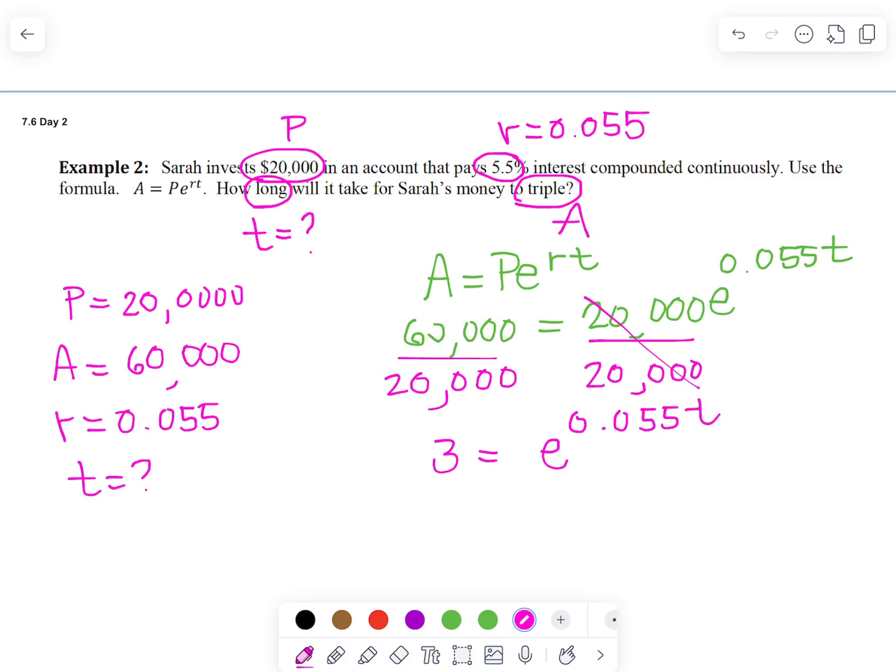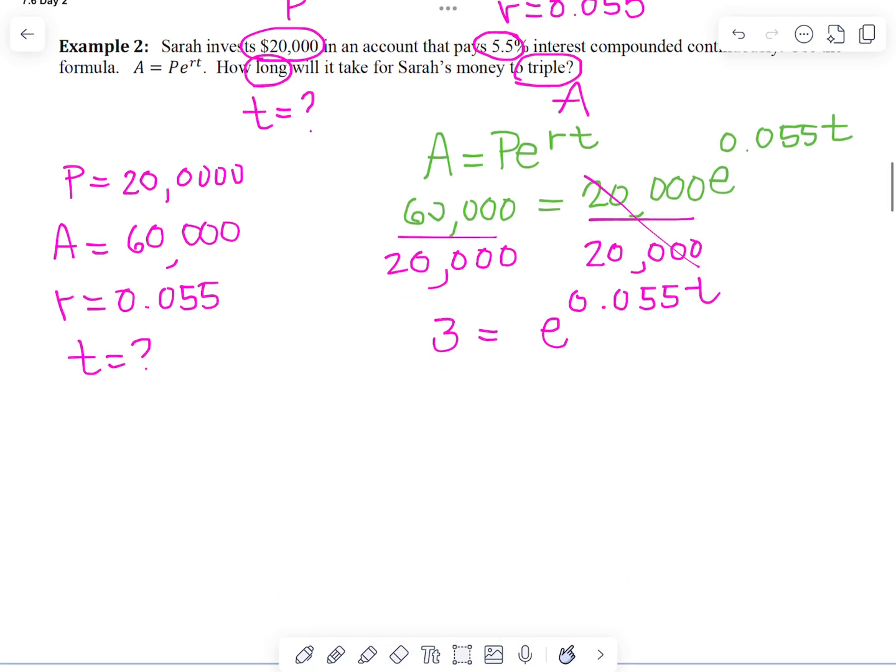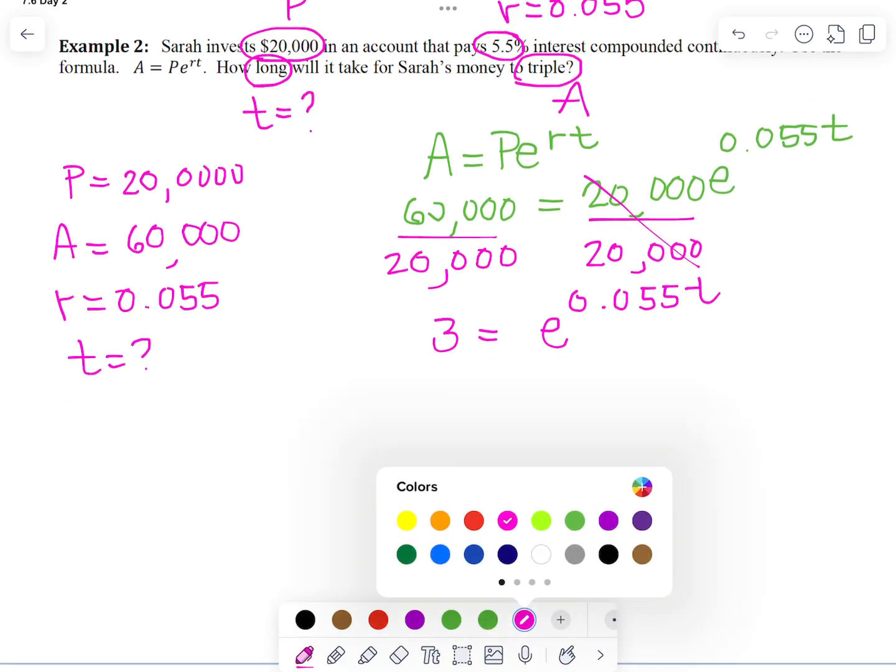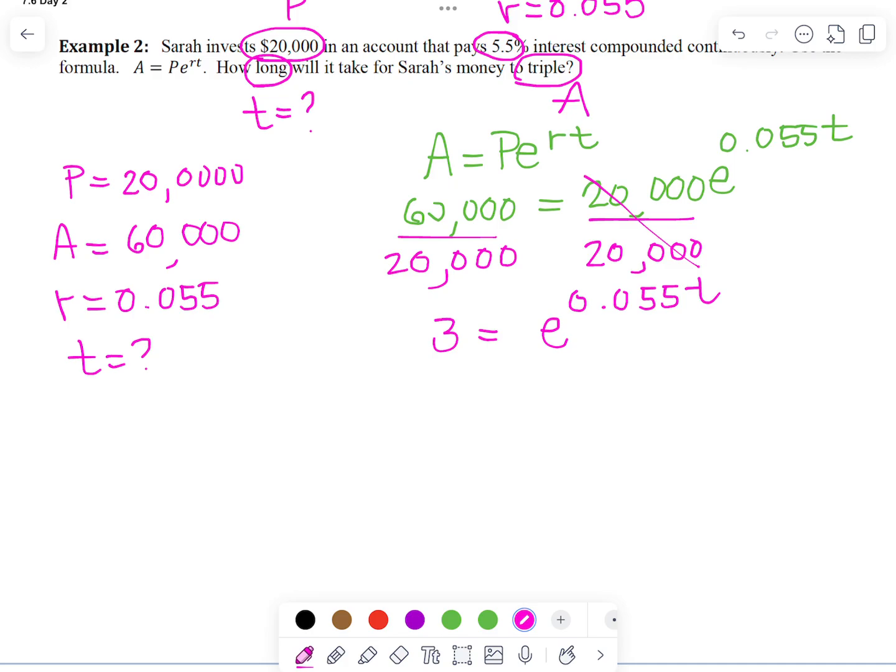After that, we're going to go ahead and take the natural log of both sides. So the natural log of 3, and then the natural log of e raised to the 0.055t. The reason why we want to take the natural log of both sides is that these two on the right are inverses of each other.